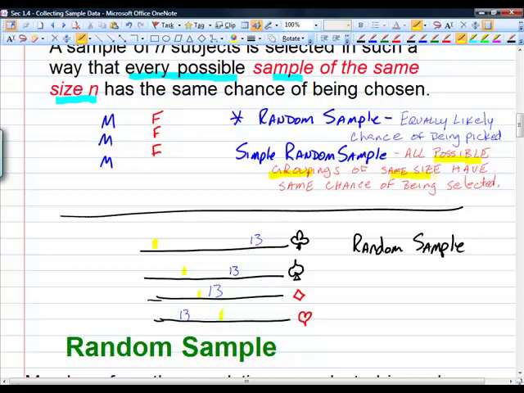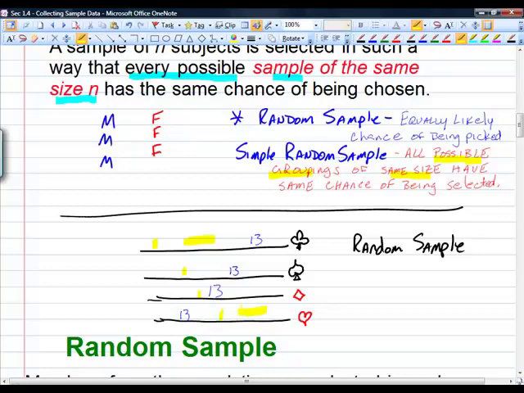Now this is a simple random sample because every possible grouping of 13 is possible. Because you could never be selected to be part of the 13 with somebody on this row if I just used the rows to divide the class into groups of 13.